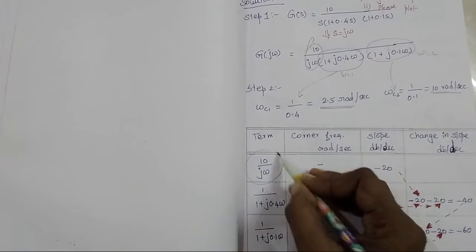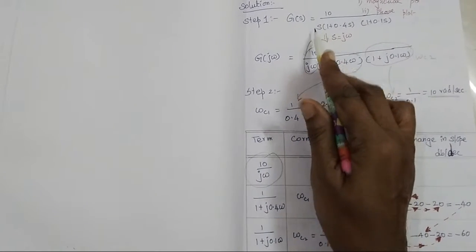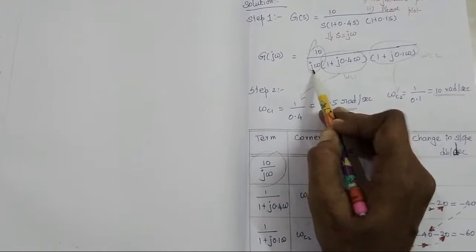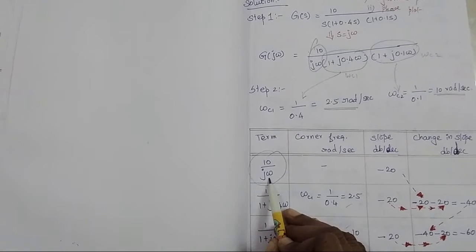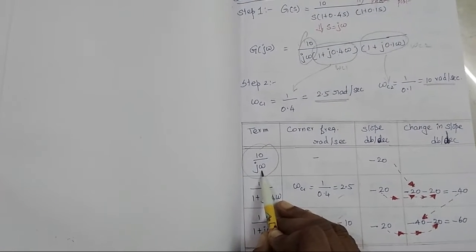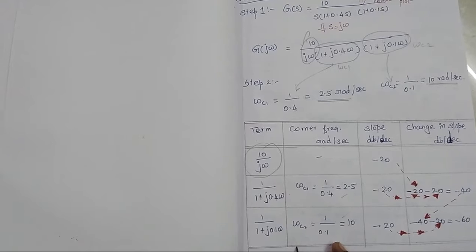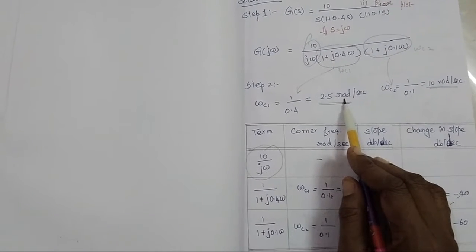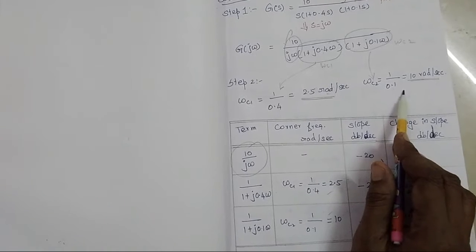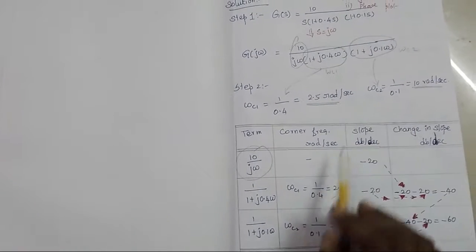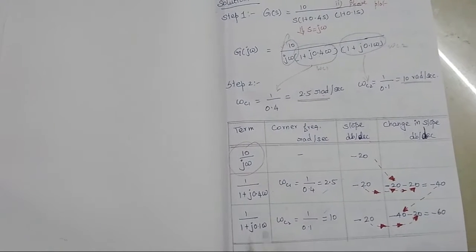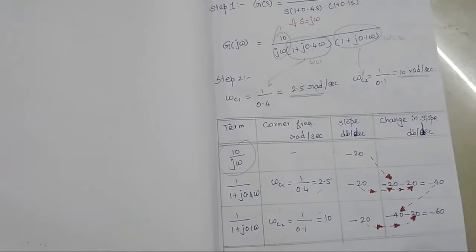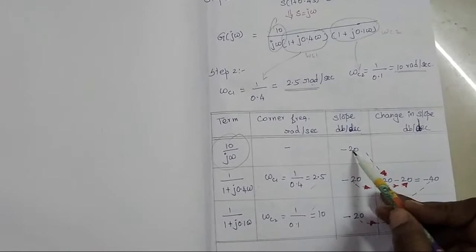So, your first term becomes 10 by S or 10 by j omega. Then the second term in the increasing order of corner frequency: the 2.5 corner frequency term comes second, then the 10 radian per second corner frequency term comes third. For each S we have a slope of minus 20 dB per decade.